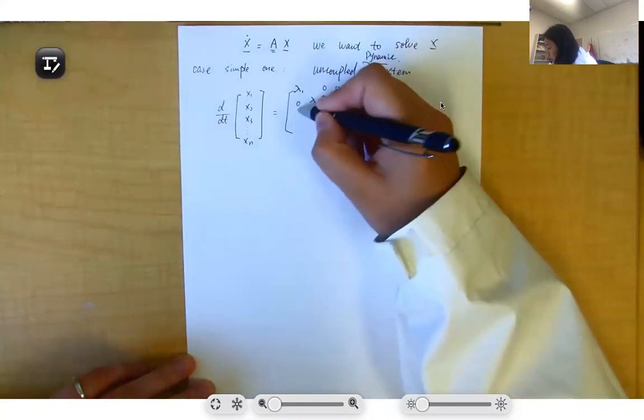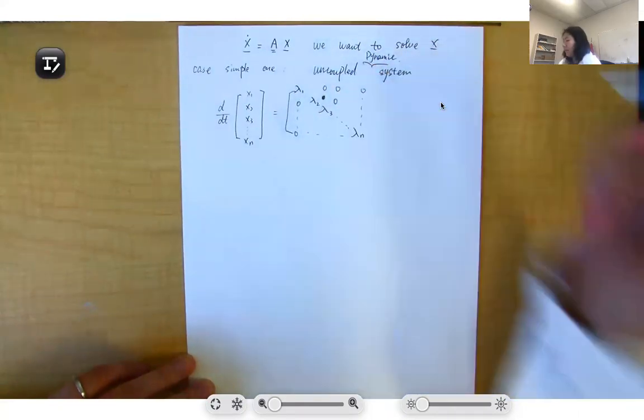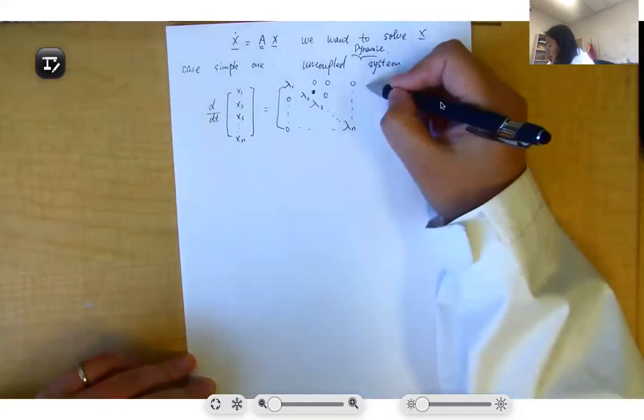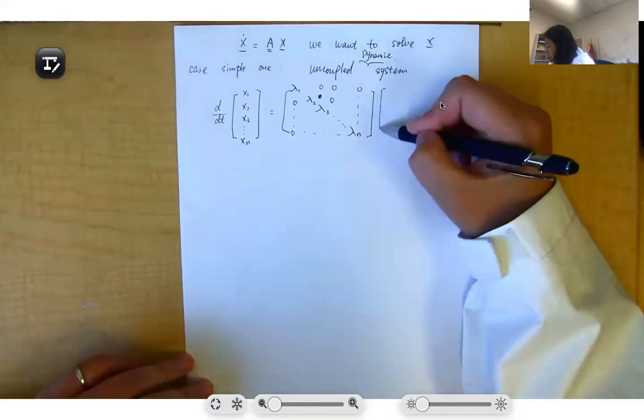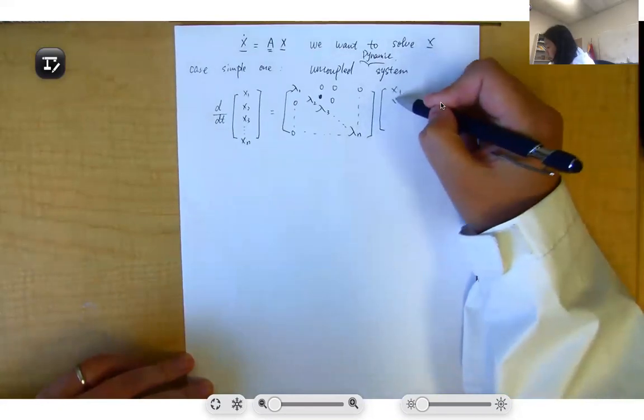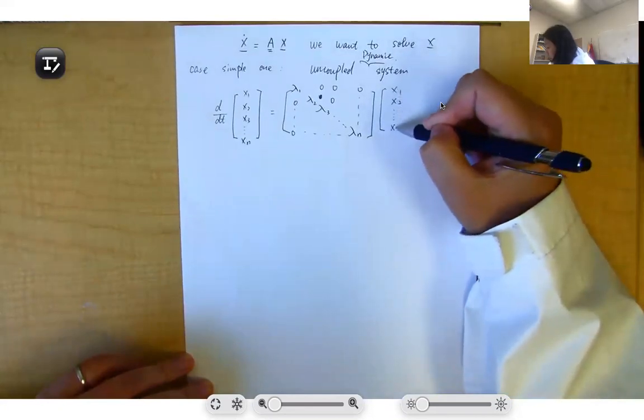This is a diagonal matrix, times x1, x2, to xn.